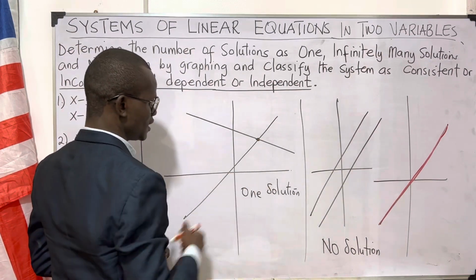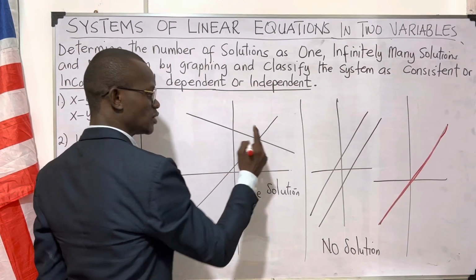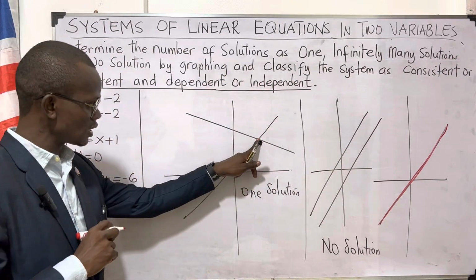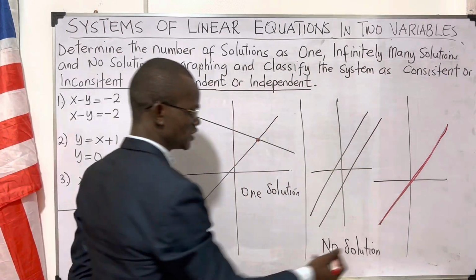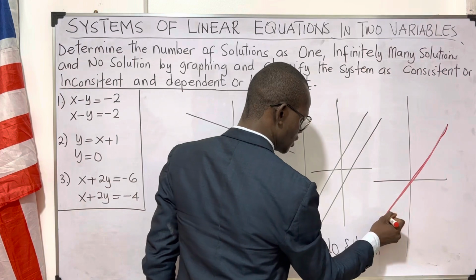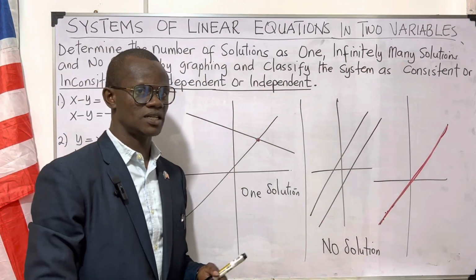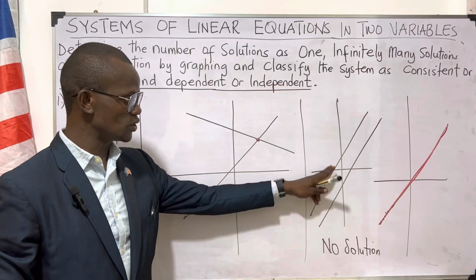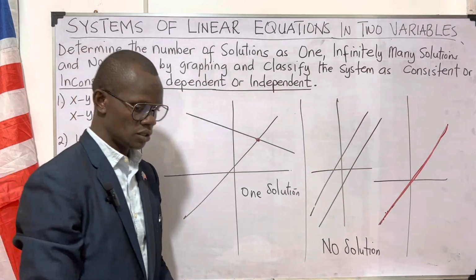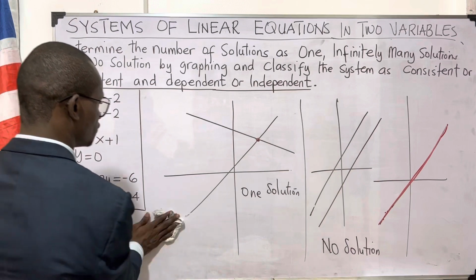But for this one, they intersect at a single point, so it has one solution just at this point. For this one, you have many solutions on this line. That's why we call it infinitely many solutions. This one has no solution because the lines do not intersect. So let's see how we can solve these problems.